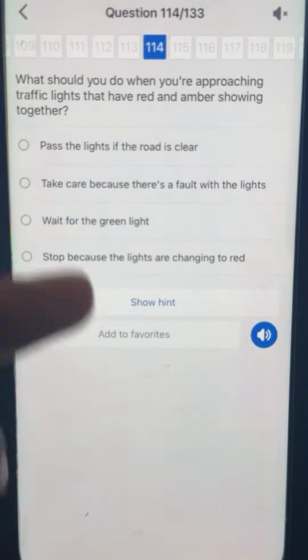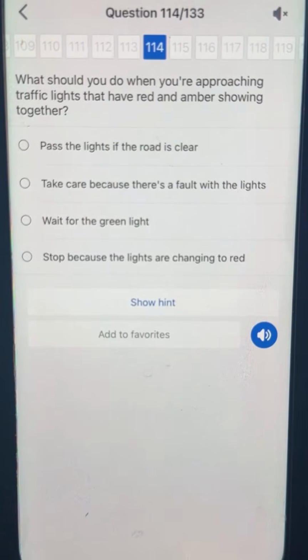What should you do when you're approaching lights that have red and amber showing together? This question is asking you, what does red and amber mean? We covered this earlier.